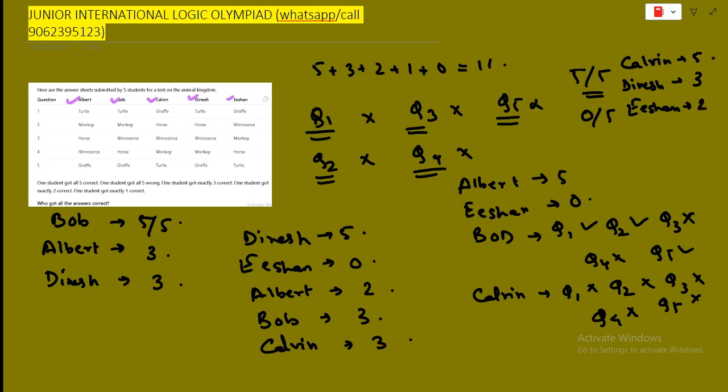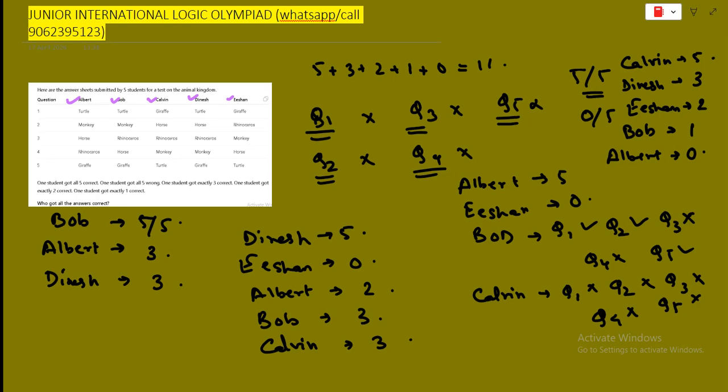So 2. Bob: turtle no, monkey no, rhino yes, horse no, giraffe no. 1. And Albert: turtle no, monkey no, horse no, rhino no, giraffe no. So 0. Yes, we have a winner. Kelvin 5, Dinesh 3, Ishan 2, Bob 1 and Albert 0.